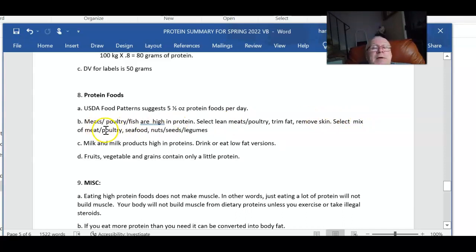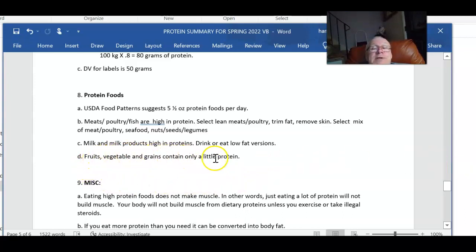So select a mix of meat, poultry, seafood, nuts, seeds, and legumes. Kind of balance out the meaty things with the vegetable things. Milk and milk products are high in protein, so theoretically you should be drinking low-fat milk. Maybe drink 1% or 2% milk rather than 4% milk.